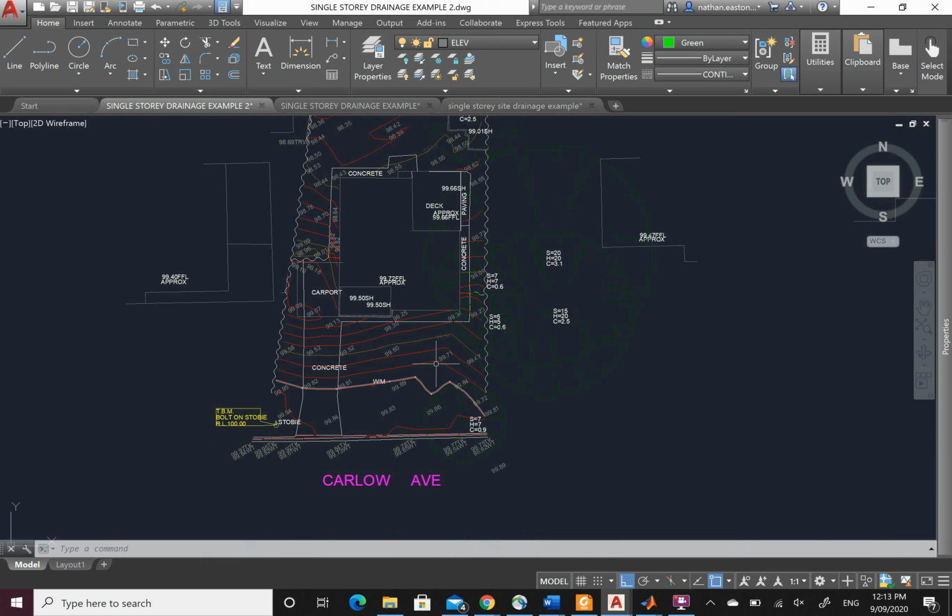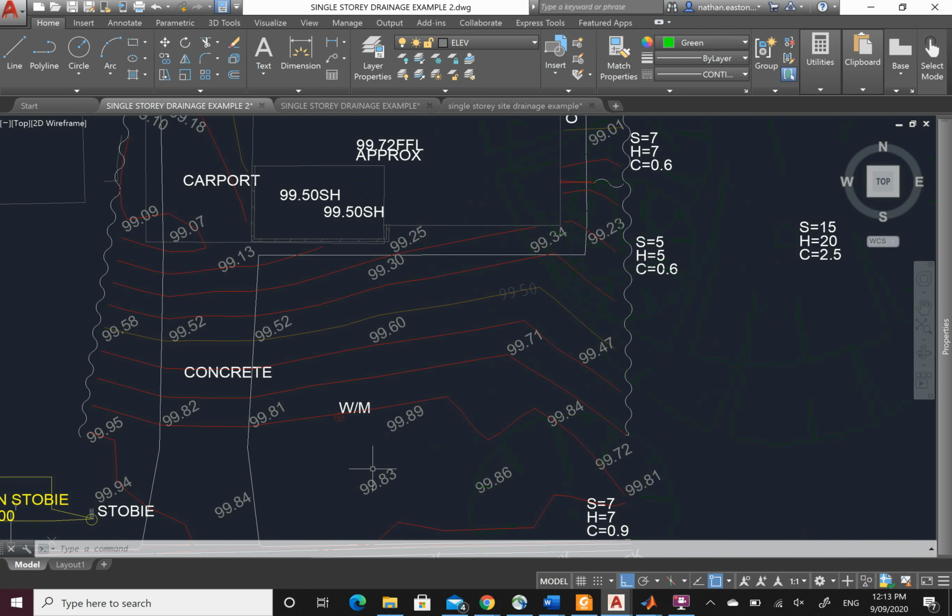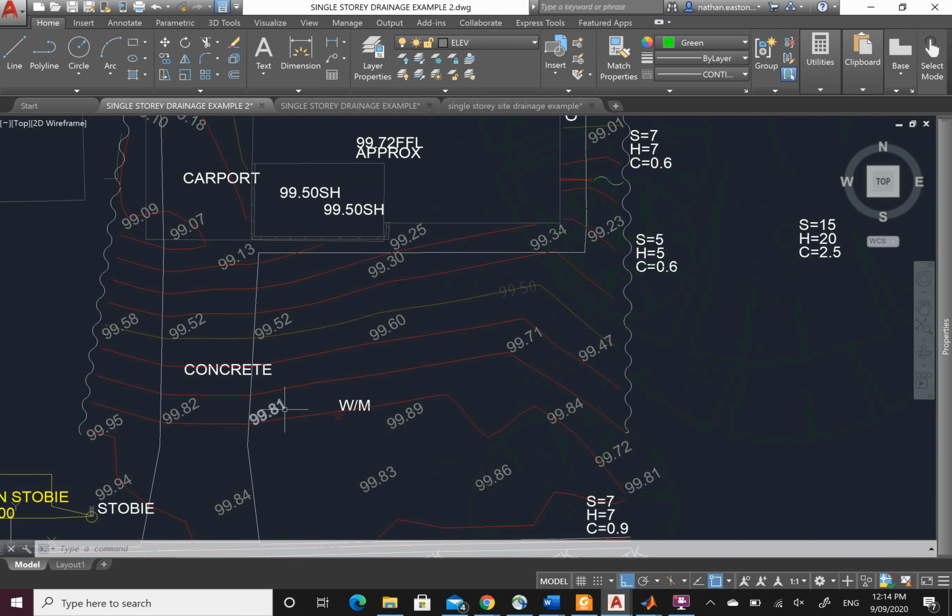The other thing that you need to be careful of is we could have localized high points. So what I mean by that is, if I come across here, look here, 99.58, 52, 52.6, and then back down. So this here is a high point. We need to be careful, and often it's a good idea to go and check the block, because if we have just a mound of dirt or something here, or a sand pit in the front yard, they can all affect our levels.